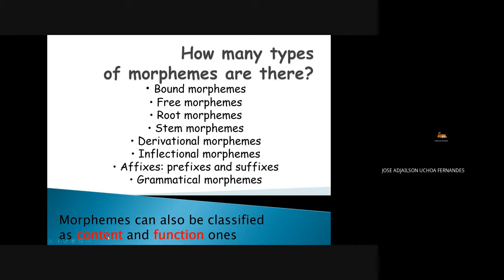Or if you prefer, you can classify them as content morphemes, like the root morphemes, because they express an idea, they are related to the idea of noun, they express something in the world, and function morphemes when they are there just to fulfill grammatical rules.